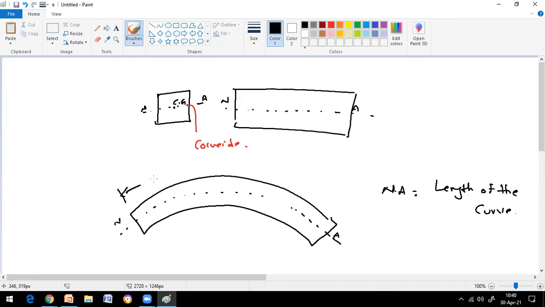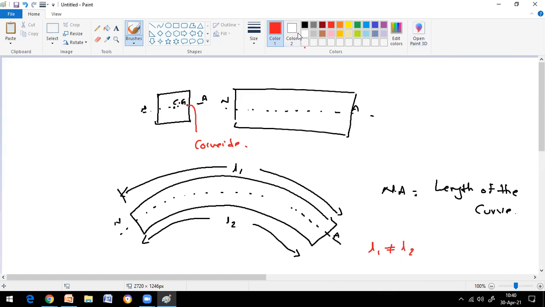Because this length L1 and this length L2, will they be the same? L1, L2 same? No, right? So if I want to calculate the length of the curved beam, I need to see the neutral axis length. Based on this only I can see the length of the curve.